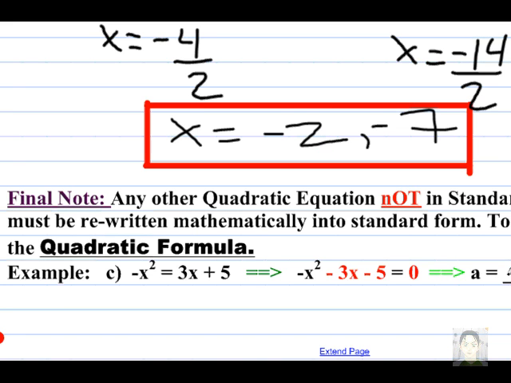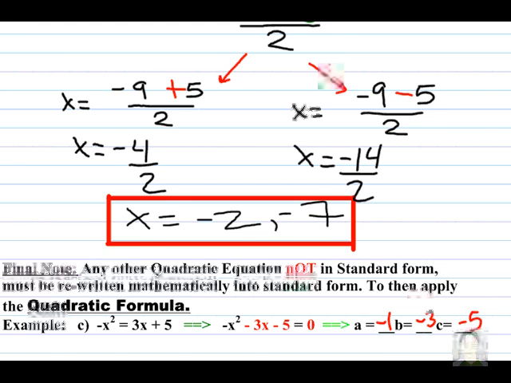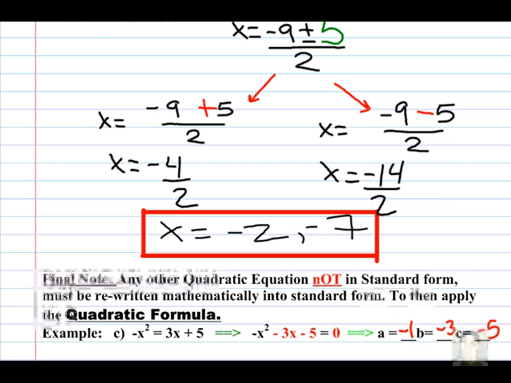This is very important. After switching the problem into standard form, then you may now finally apply the quadratic formula, but not if it's given in any other form. The quadratic formula is and was designed to solve something in standard form.